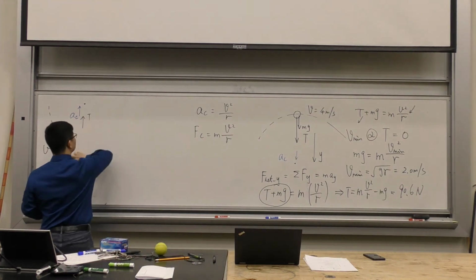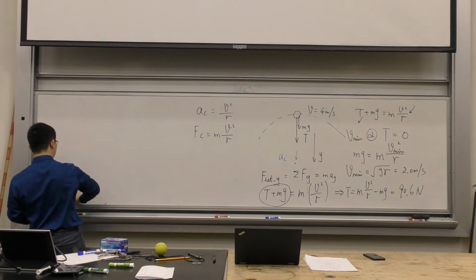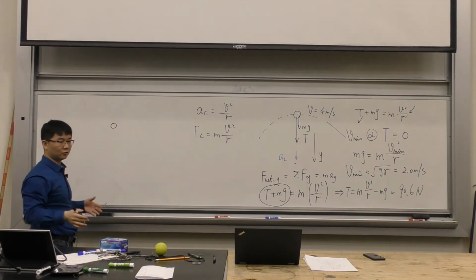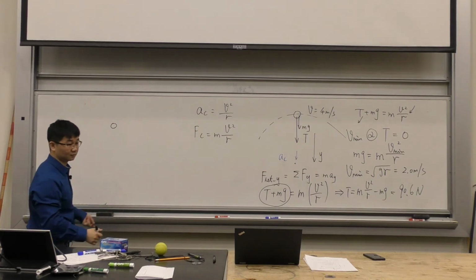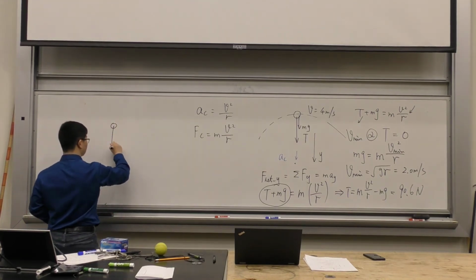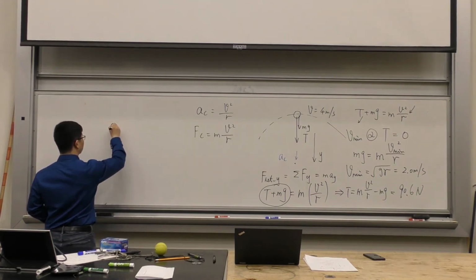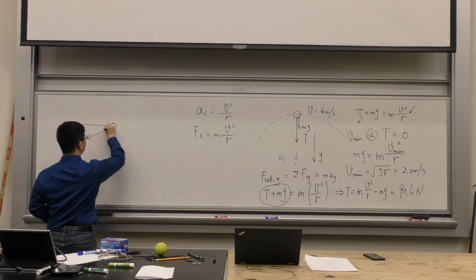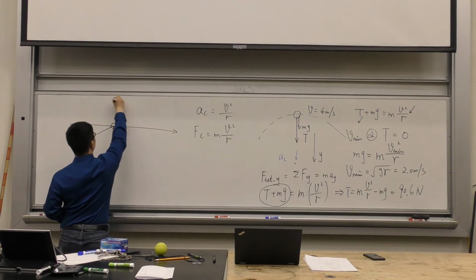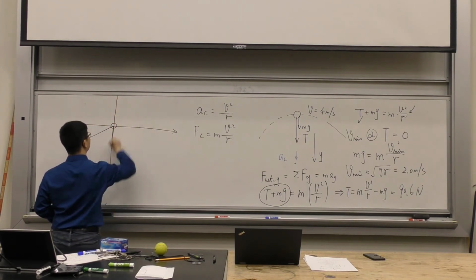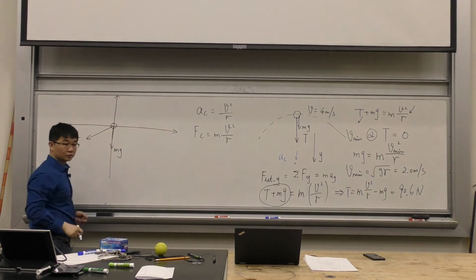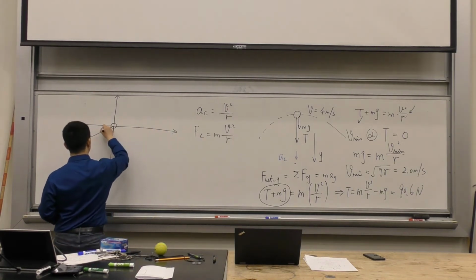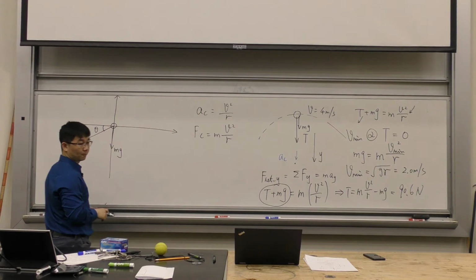Now let's draw it out. I have these 3 forces on it, so it's just an object to me. I don't even need to draw an airplane. Gravity down, there's a tension in this direction. I can still use the normal x and normal y. So the tension makes an angle theta with the horizontal, and this is the angle theta given in the problem.